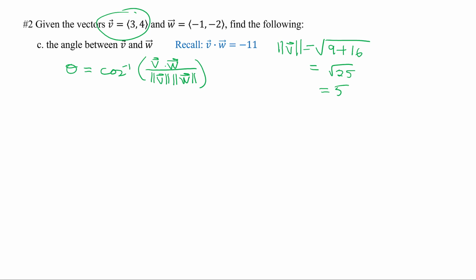Okay, and then we find the magnitude of w, which would be the square root of negative 1 squared plus negative 2 squared. We'd get the square root of 5. Okay.